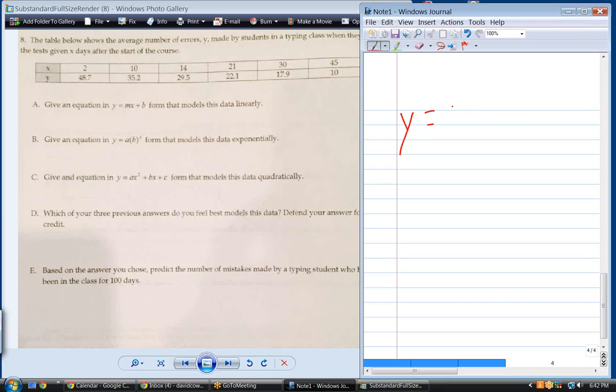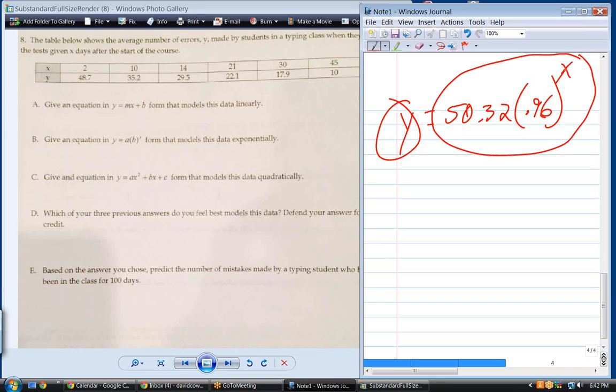Y equals 50.32 times 0.96 raised to the power x. So if you want to know how many mistakes somebody is going to make at any point in time, plug in whatever you want for x. In this case, 100. And then you'll need to get that number from your calculator also.